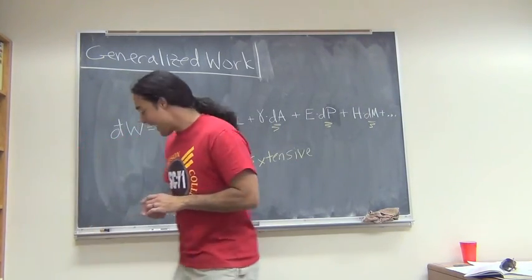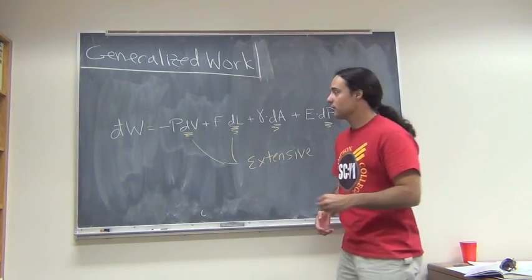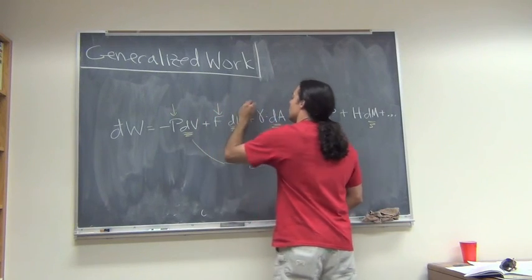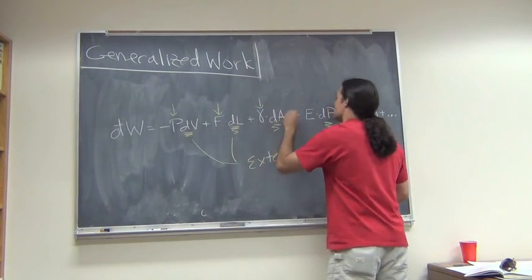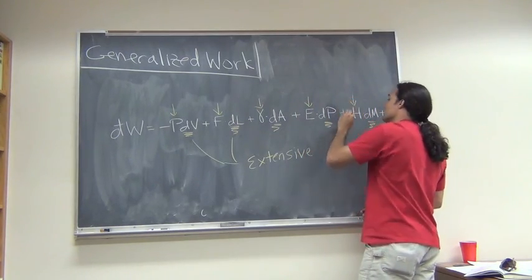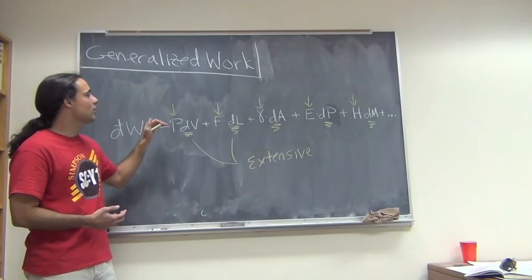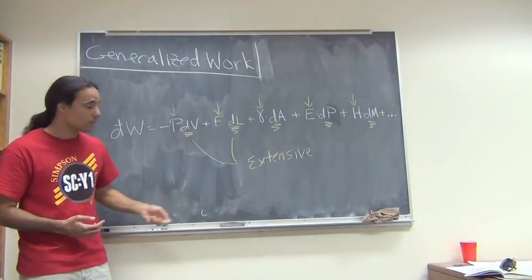Now, let's contrast that with the non-differential variables, these guys. So our pressure, force, surface tension, electric field, the magnetic field, all of these are the same throughout the system.